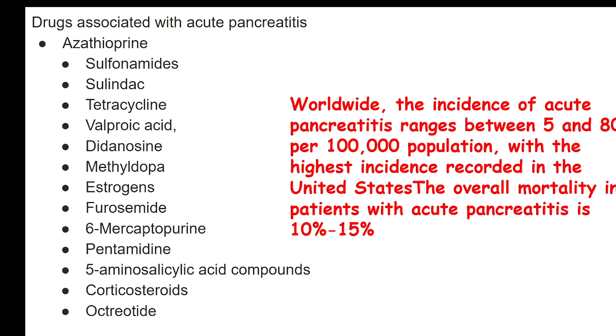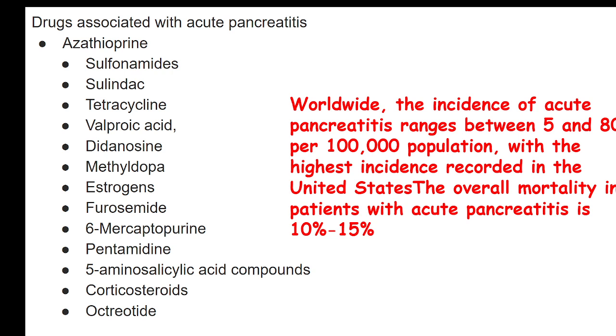These are drugs like azathioprine, sulfonamides, tetracyclines, valproic acid, which is used as an anti-epileptic drug, methyldopa, which is used in hypertension, hormones like estrogen, furosemide, the diuretic, pentamidine and aminosalicylic acid compounds, also corticosteroids. These are known to produce pancreatitis.